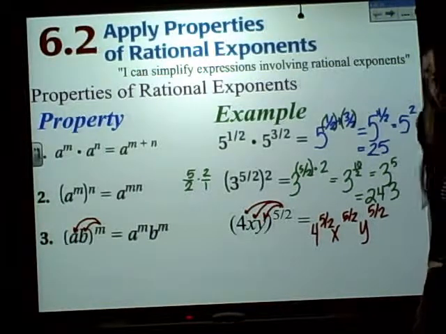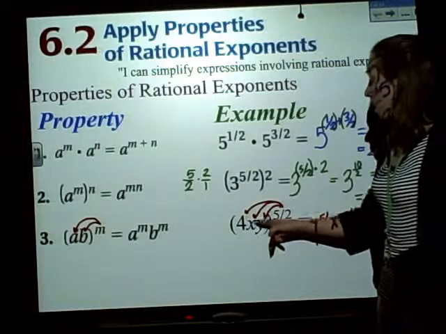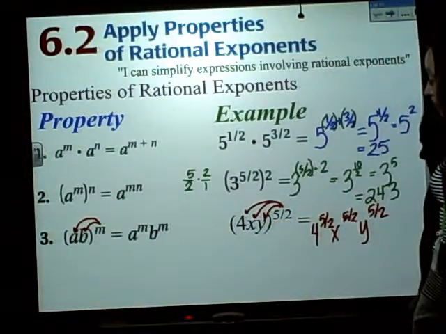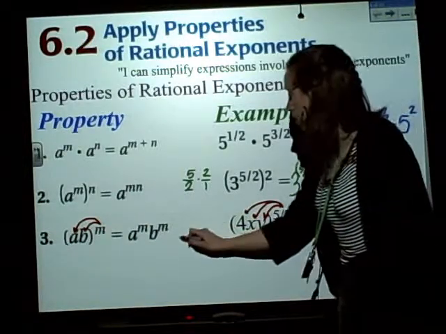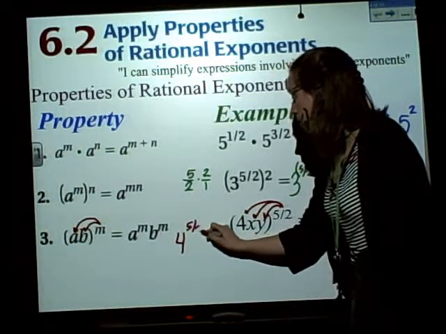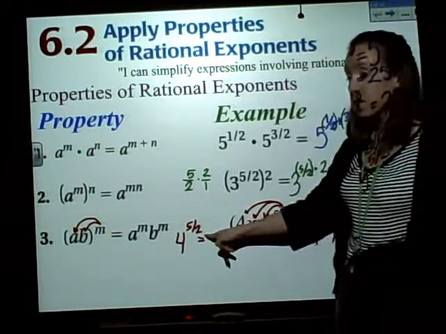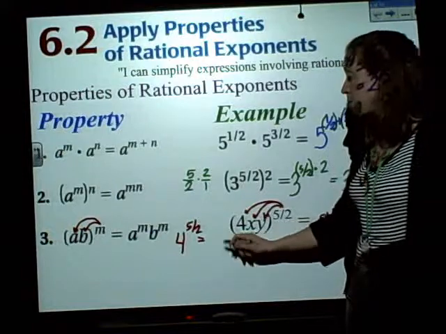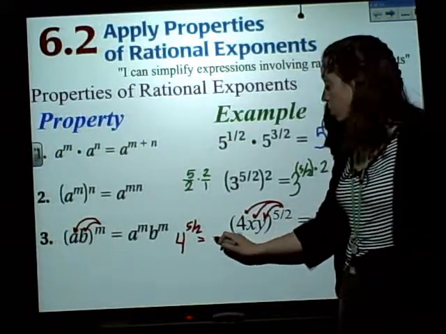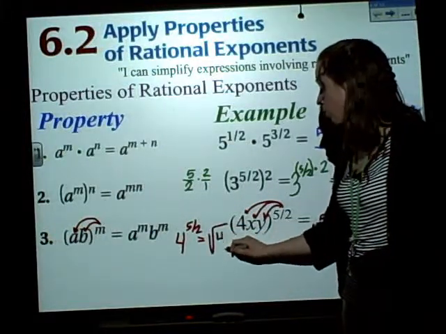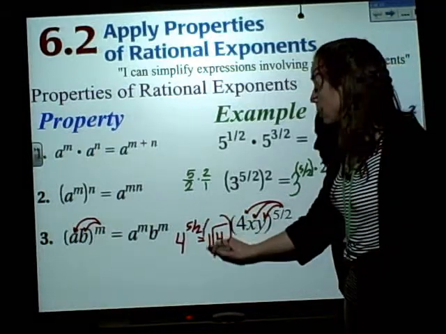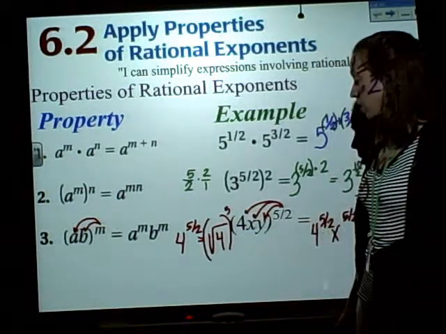Now remember, today we talked about how to simplify 4 to the 5/2. The bottom tells me what root I'm doing. So this is a 2, so that means the square root of 4, and then it wants me to raise it to the 5th power.